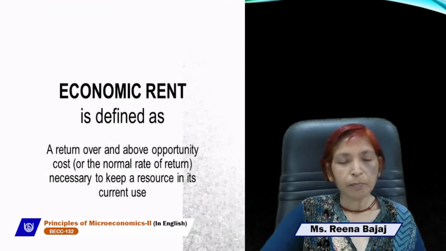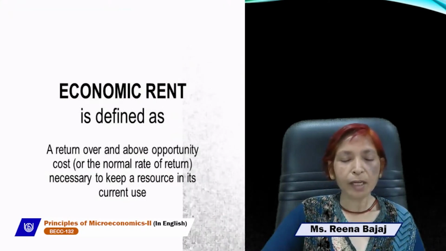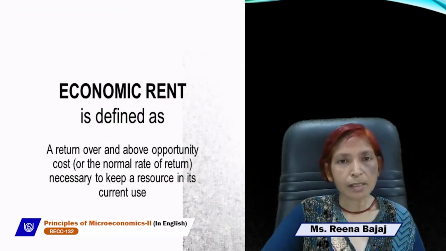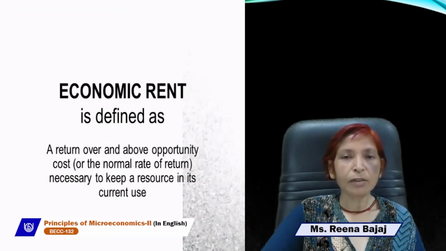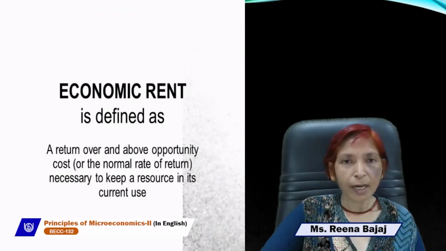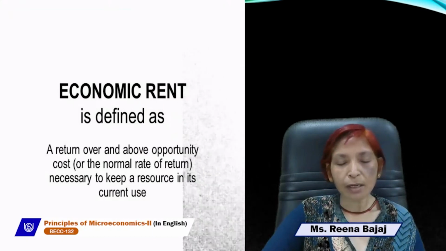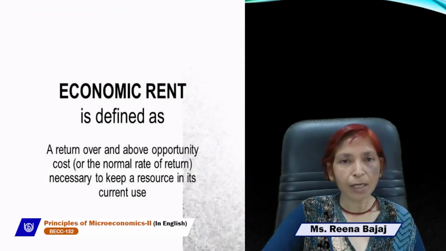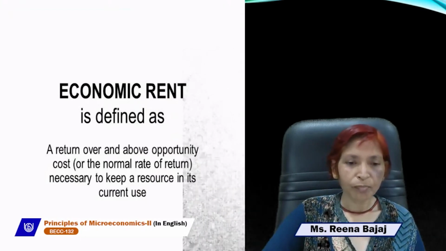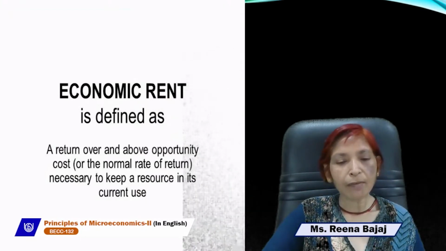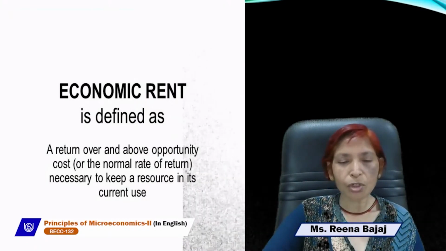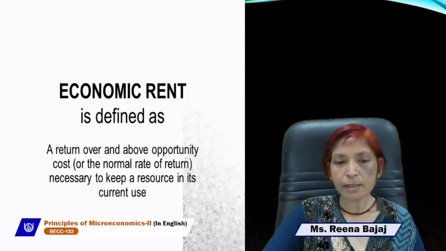The actual payment is what we are paying to the factor of production, and opportunity cost is the next best alternative we have to forgo for getting one best option. For example, if we have a land area, we can grow wheat, rice, sugarcane, or peanuts.